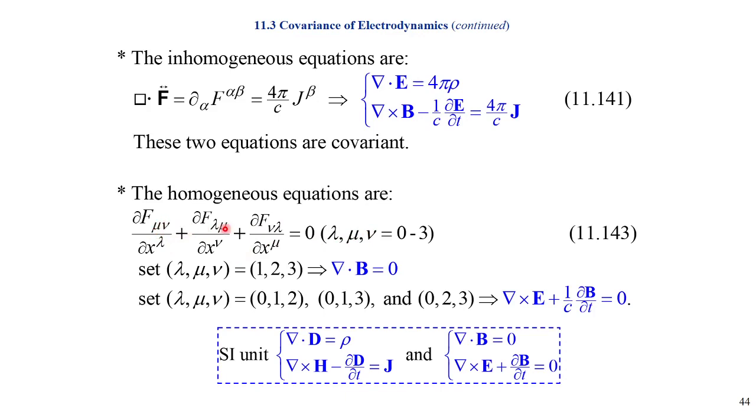Okay, this equals 0. If we set lambda, mu, nu equals 1, 2, 3, we got divergence B equals 0. If we set lambda, mu, nu to the other 3, we got Faraday's law. That's the divergence theorem for the magnetic field. So remember this one and remember this one.